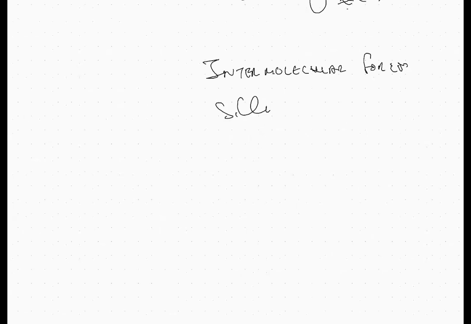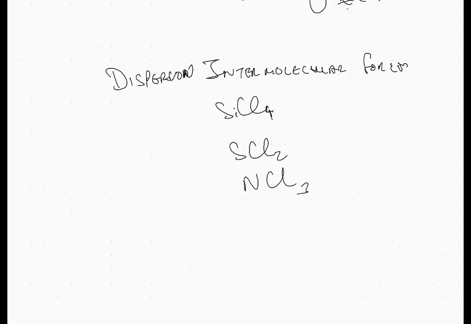Once again, for intermolecular forces to happen, there should be polarity. But they're asking which one has the dispersion. Okay. Not ion-induced polar, they're asking dispersion. So dispersion means mostly van der Waals. So SiCl4, because why? Because it's the same as CCl4 from the previous example.